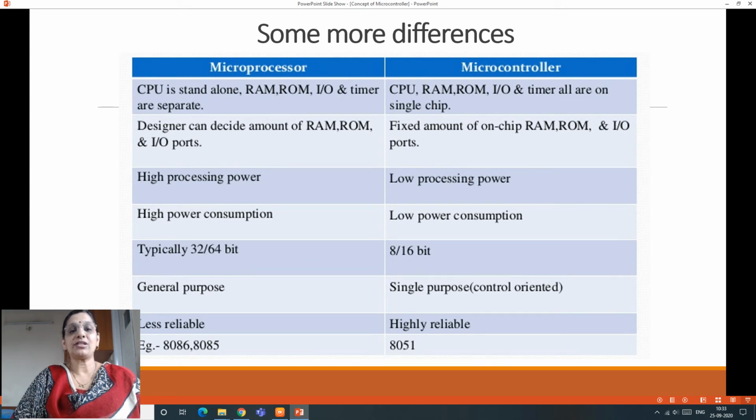Typically, microprocessors process high bits of data. Comparatively, microcontrollers have low bits of data processing, but yet nowadays we have new microcontrollers which can process higher amount of bits of data. A microprocessor is a general purpose processor.